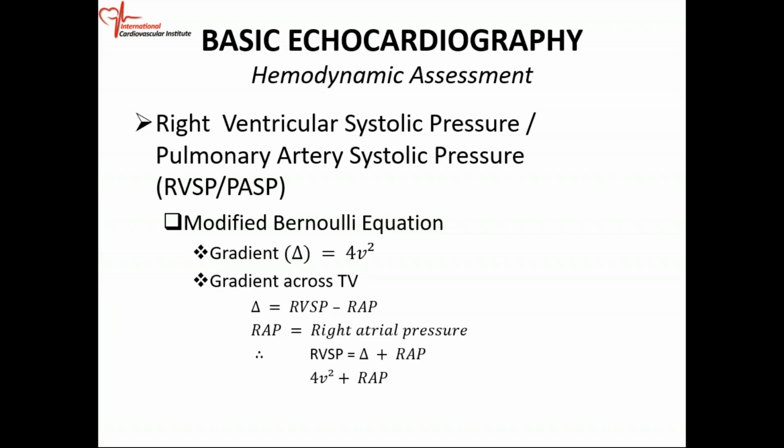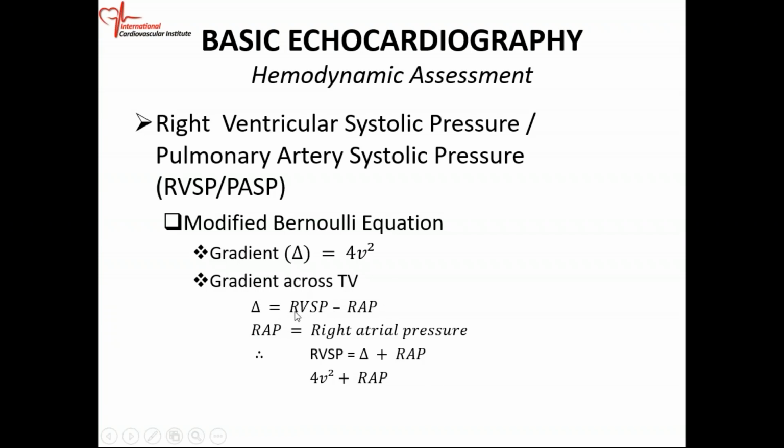It's moving from the right ventricle to the right atrium across the tricuspid valve. So the pressure in the right ventricle has to be greater than the pressure in the right atrium. So the pressure gradient is equal to this right here.